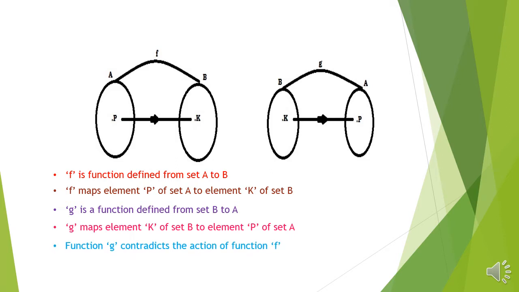Whatever function f does, function g does exactly the opposite, isn't it? Function f maps p to k, and function g maps k to p. So we can say that function g contradicts the action of function f. It opposes the action of function f, and its action is opposite to function f.